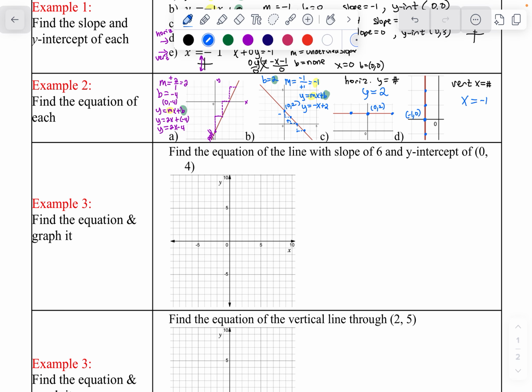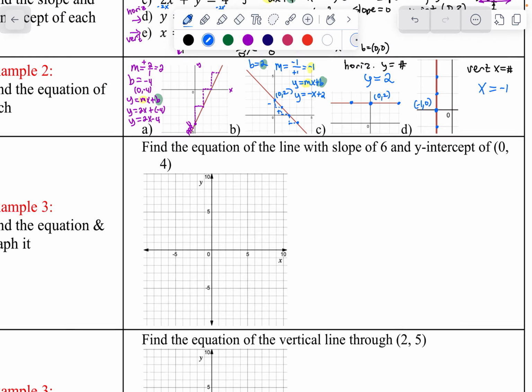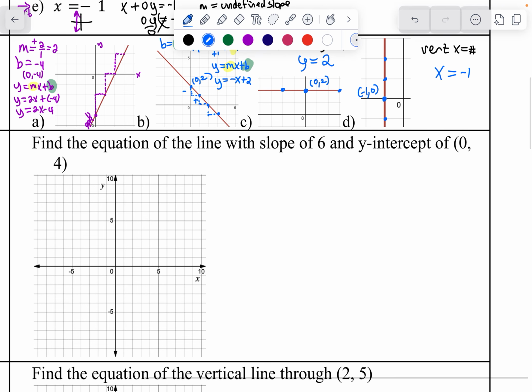Let's look at example 3. It says find the equation and graph it. Find the equation of the line with slope of 6 and y-intercept of 4. Now, we know y equals mx plus b, where m is slope and b is our y-intercept.